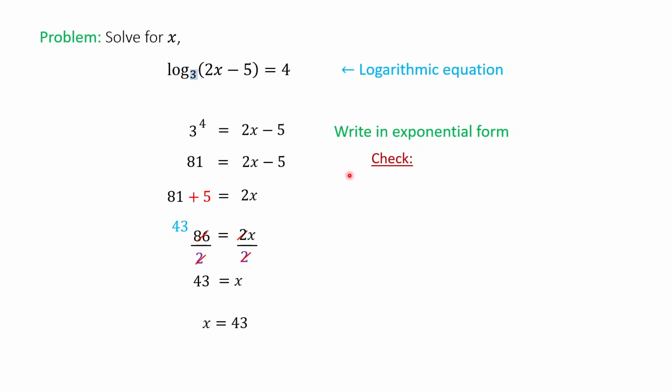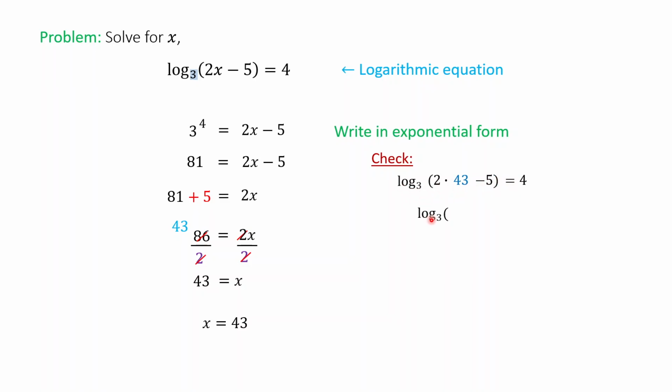Let us check. Take this and substitute x is equal to 43. Log base 3 of 2 times x, x is 43, minus 5 is equal to 4. Now you need to simplify.